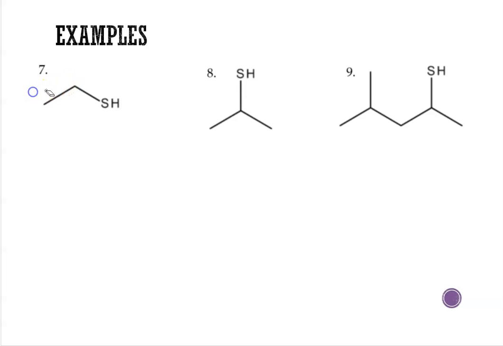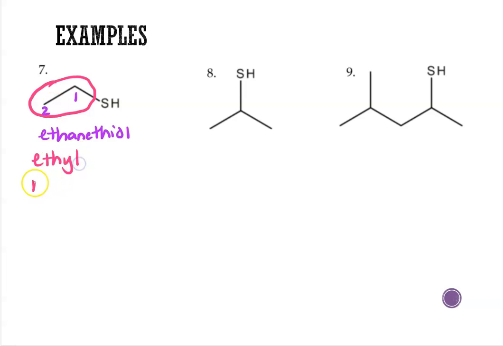All right, so let us name some of these things here. So we'll start here with 1, 2. So this is ethyl. So this would be ethane thiol. And then the common name, I would just look at what's attached here. This is an ethyl group. So this would be ethyl mercaptan. All right, and then we would do 1, 2, 3.